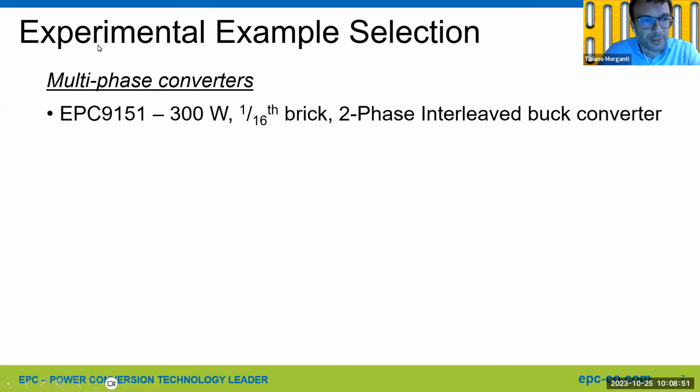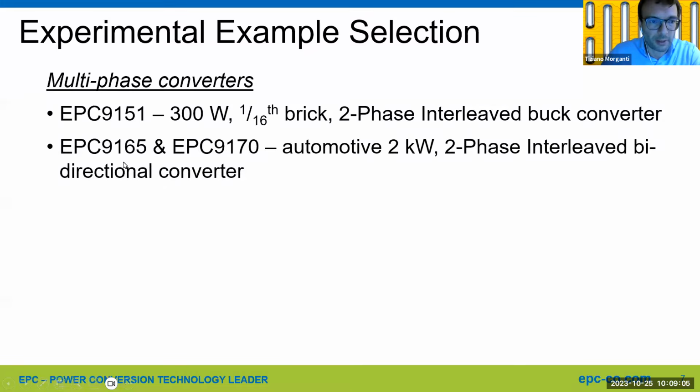In this presentation, we will show a few of those demo boards. We will see a two-phase buck converter, EPC9151. We will have a look at a more powerful dual-phase bidirectional buck boost converter, EPC9165 and EPC9170.